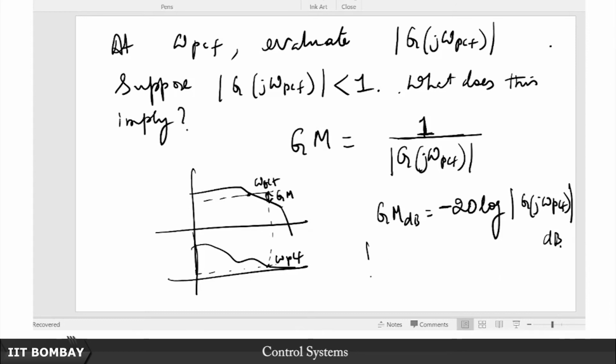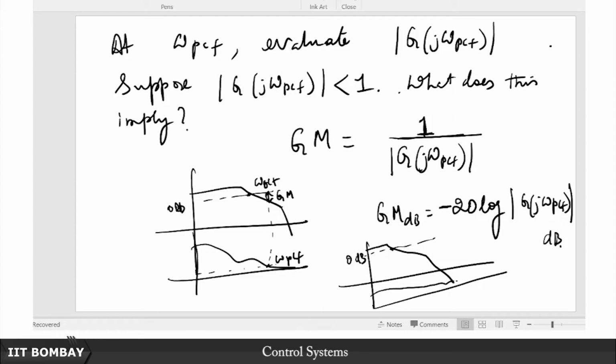Suppose you have a second system, which is something like this, and this is the 0 dB line, and you have a phase plot that goes like this. This is your phase crossover frequency, ω_PCF, and this is ω_GCF.